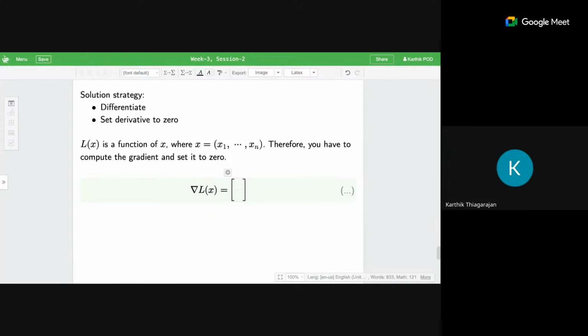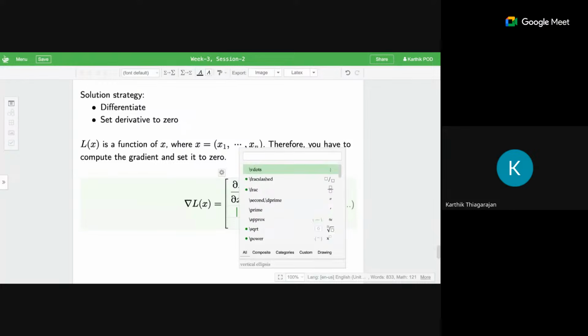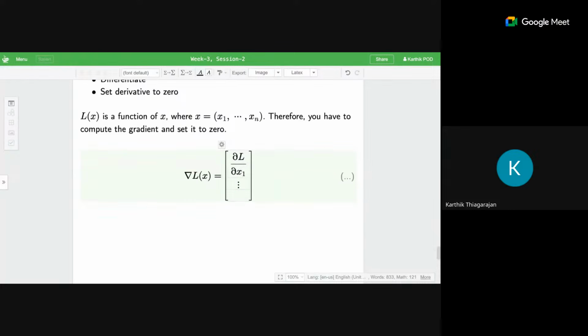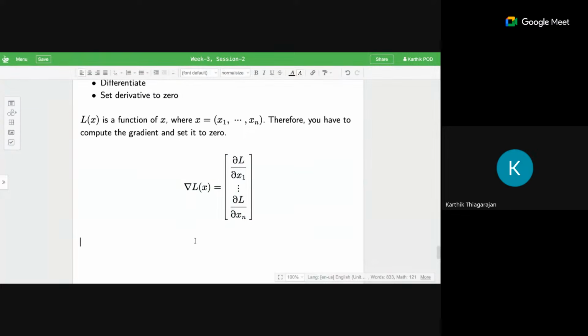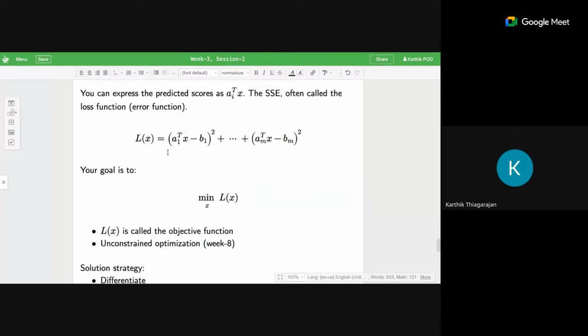Notice that all that you studied in week 2 and before is now relevant. So this is ∂L/∂x1, and there are n partial derivatives, and that's the gradient. So that's what we'll do very quickly.